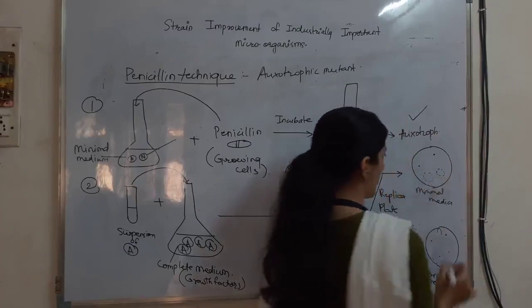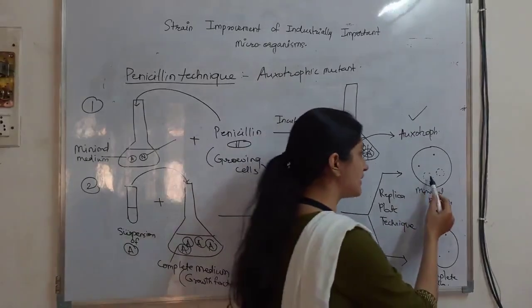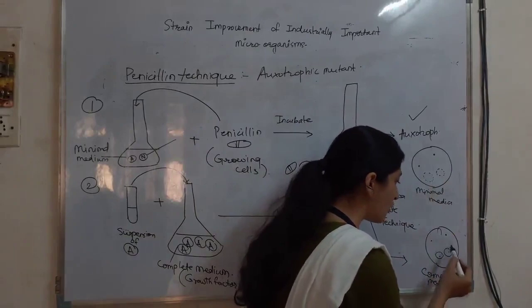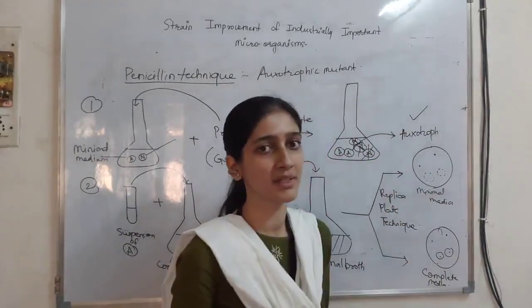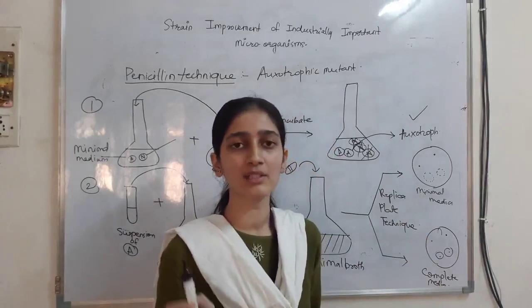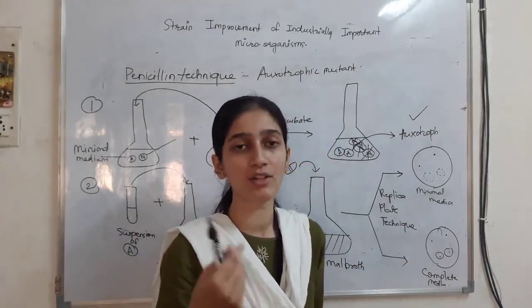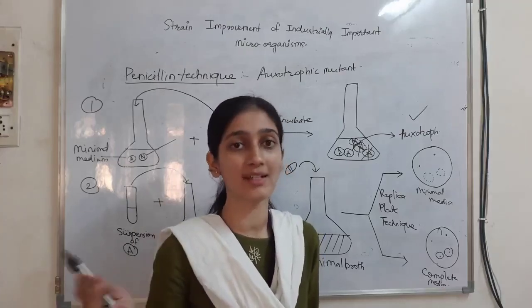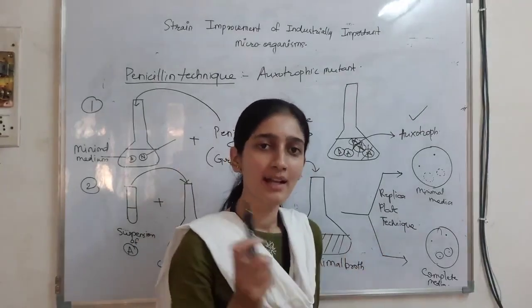From this we can conclude that these two colonies are auxotrophic mutants. Why? Because they don't grow on minimal medium. Auxotrophic mutants are organisms which cannot synthesize their own growth factors, and hence they have to rely on external growth factors, and so they don't grow on minimal media.